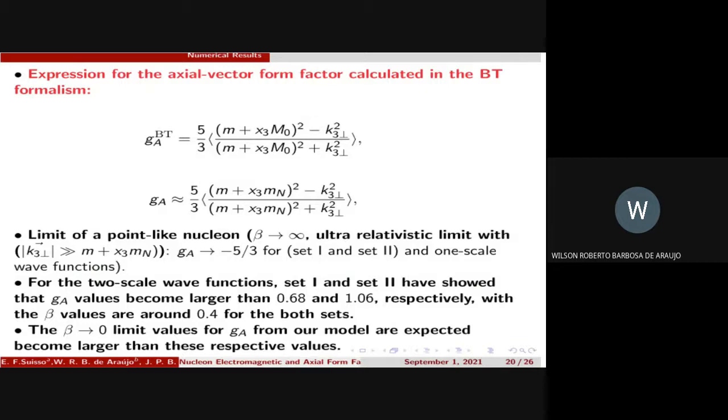In the limit of a point-like nucleon, GA tends to 5/3 for set 1, set 2, and one-scale. For the two-scale wave function, GA values become larger than 1.06 for set 2 and 0.68 for set 1, with beta similar, 0.4, for both sets. In the limit beta to 0, GA from our model becomes larger than these respective values.